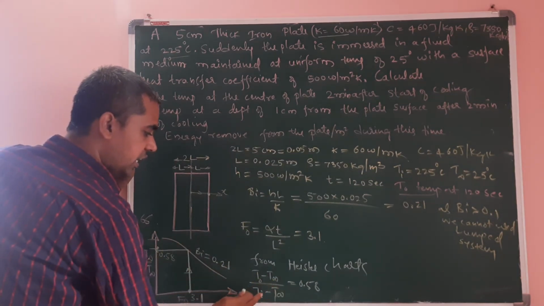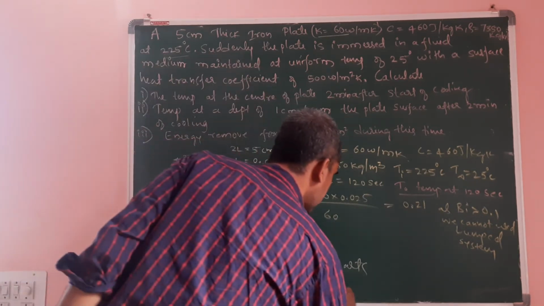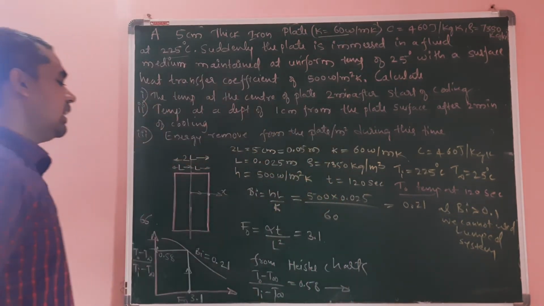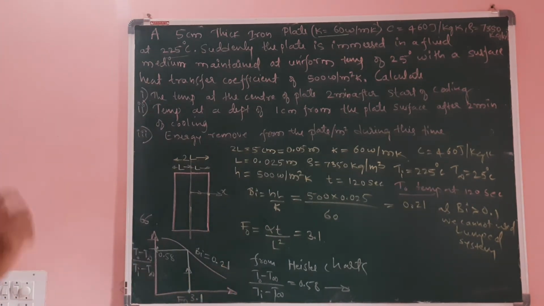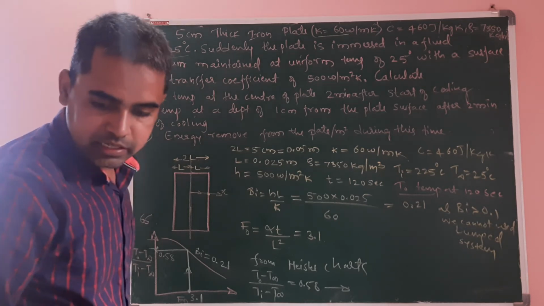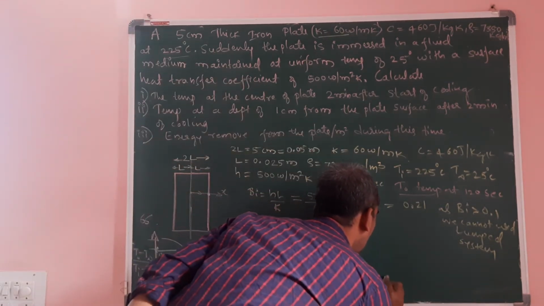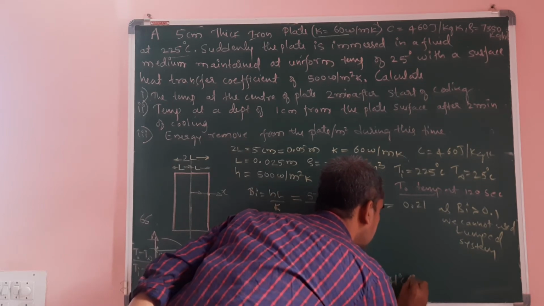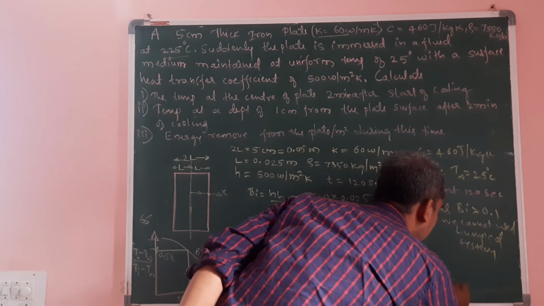You know T infinity and you know Ti, so the only unknown is T naught. If you substitute T infinity and Ti in this equation, you will get T naught as 141 degrees Celsius. This is the center line temperature.